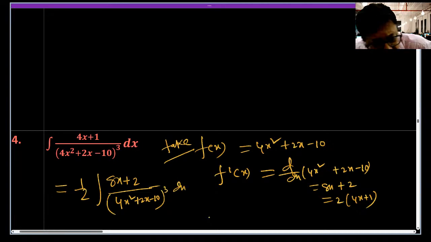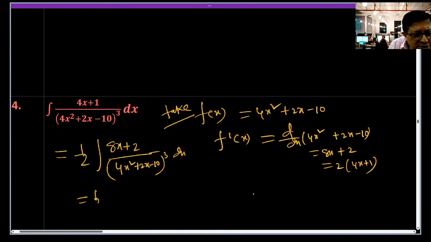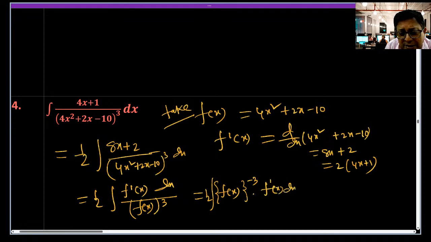Clear? Just a minute. So this is half f'(x) dx by f(x) to the power 3. You can write this as 1 by 2 f(x) to the power minus 3 f'(x) dx. So this is that first form.